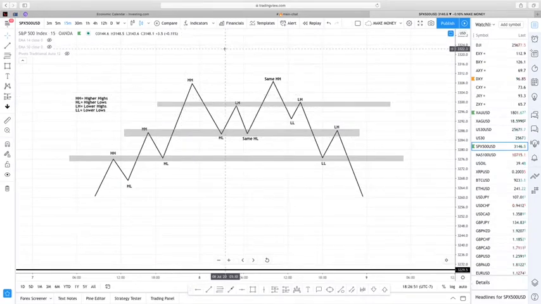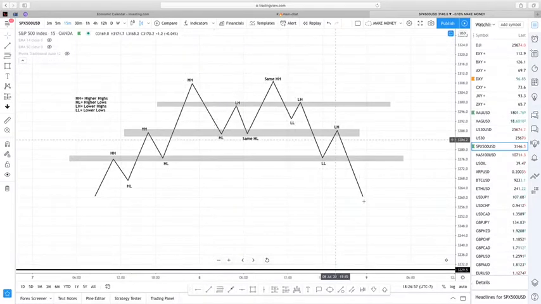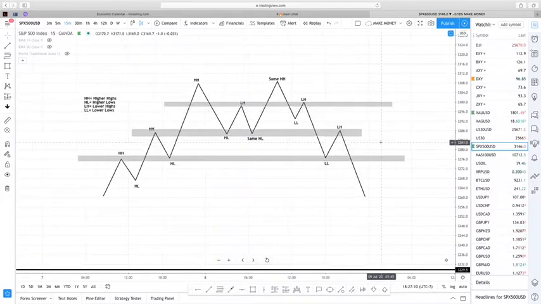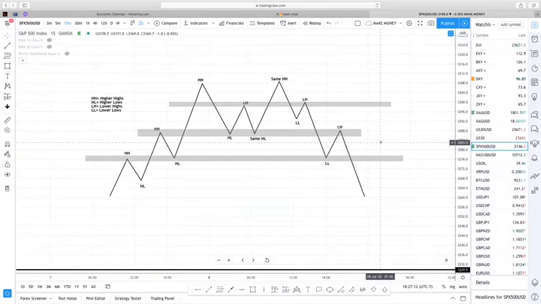It's our job to be able to identify when the market is either in an uptrend, in a downtrend, or when it's in some sort of consolidation and we're anticipating a reversal. That's our job. The market is going to tell us what to do, but it's not going to tell us when it's doing it. We have to identify that for ourselves.